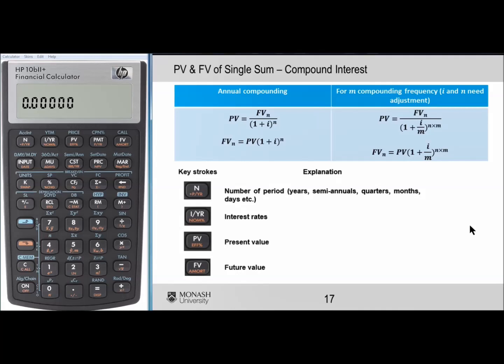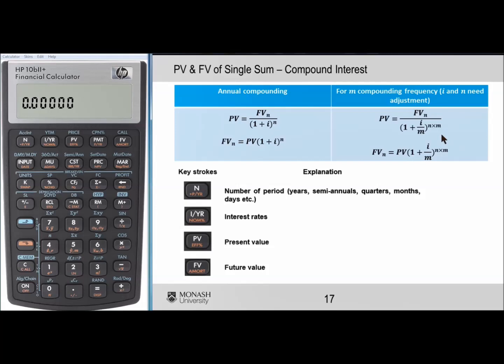First of all, let's consider just a single lump sum of money that occurs on the timeline. We have our formula to compute PV and FV for annual compounding. For compounding frequency more than once a year, we have our formula for PV and FV here.